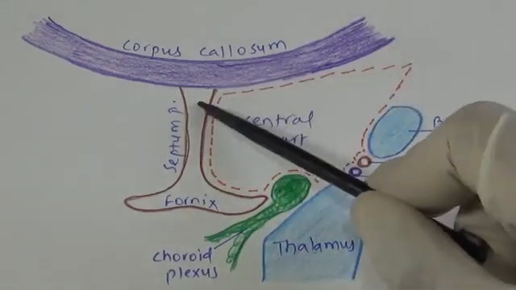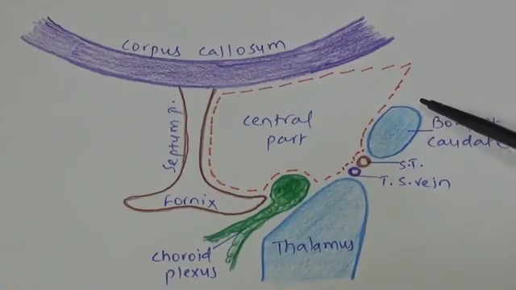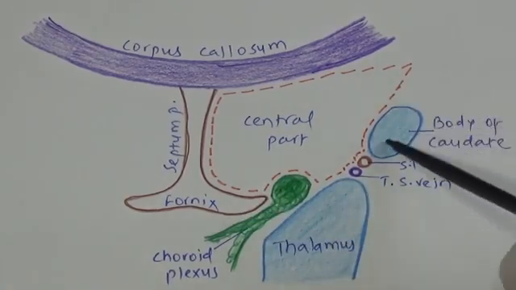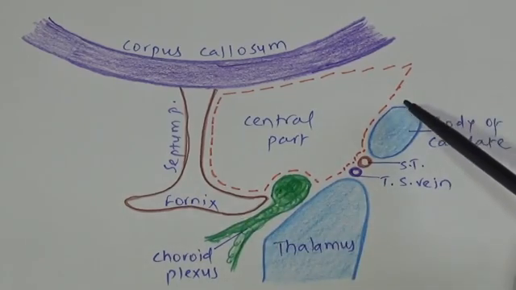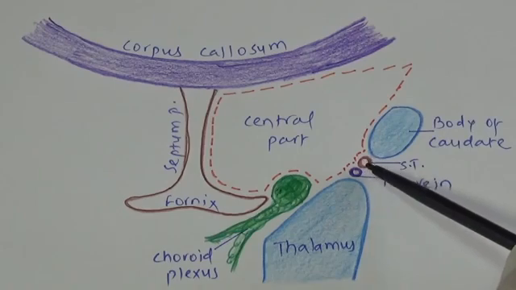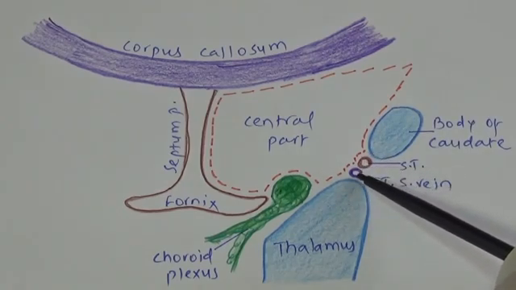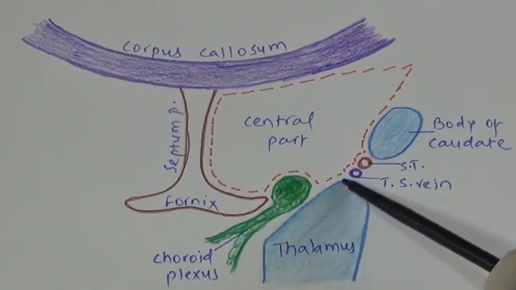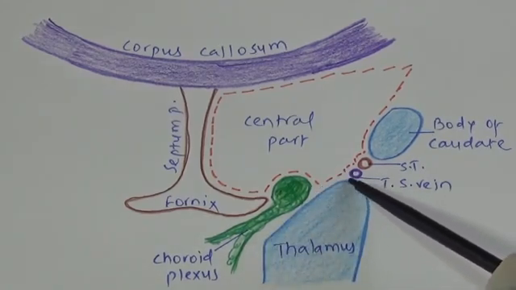Roof you know now, medial wall you know, and what is important to understand is the floor from lateral to medial. As we have discussed, it is sloping. So the most lateral structure will be the body of the caudate. Then there is the stria terminalis and thalamostriate vein, both the things we have seen. Then this is the thalamus, this is its superior surface, and this is its lateral part.